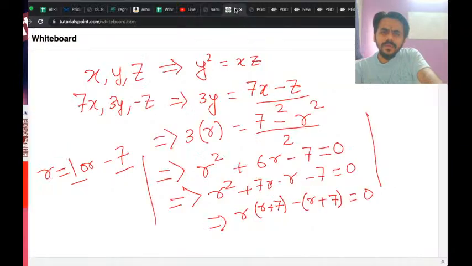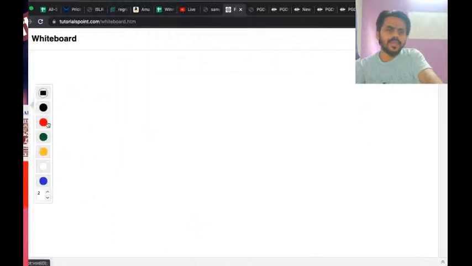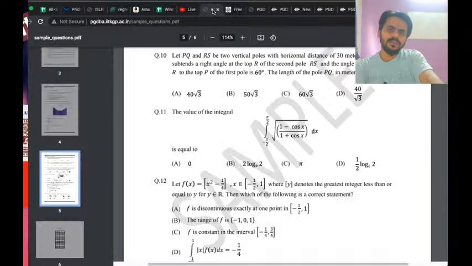Okay, so let's draw this diagram. Evidently PQ looks bigger, so I'll go with that. So over here this is your PQ and RS, right?